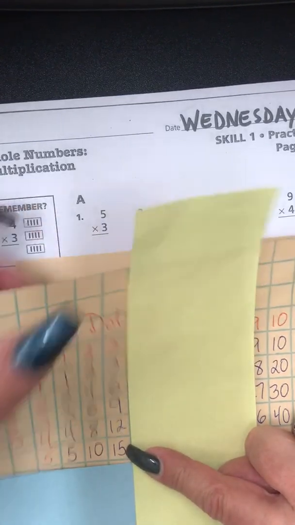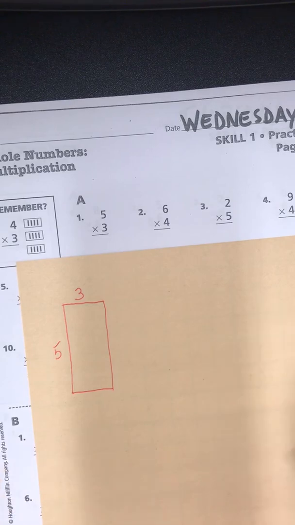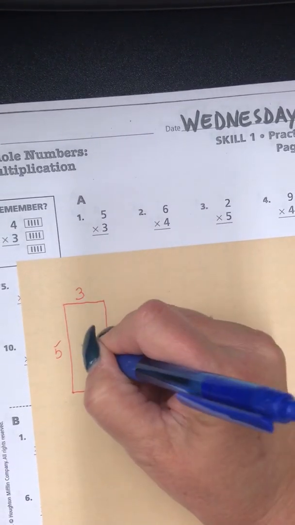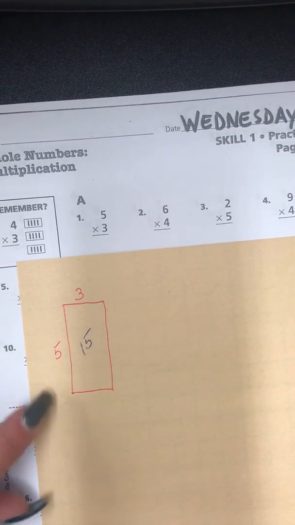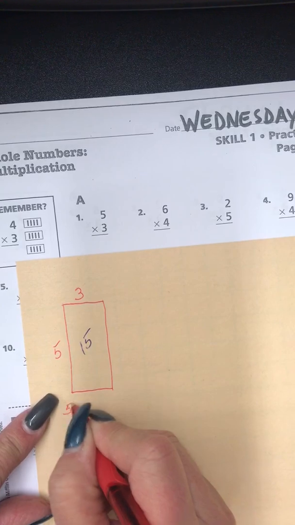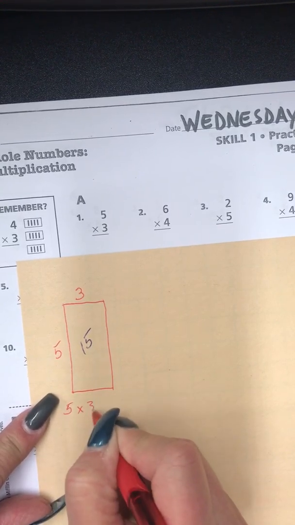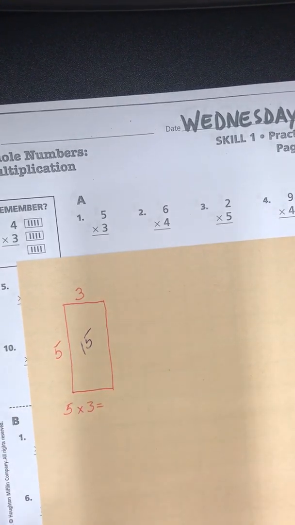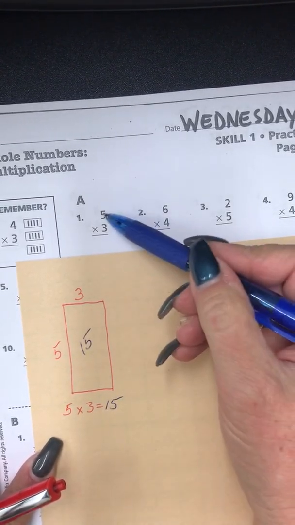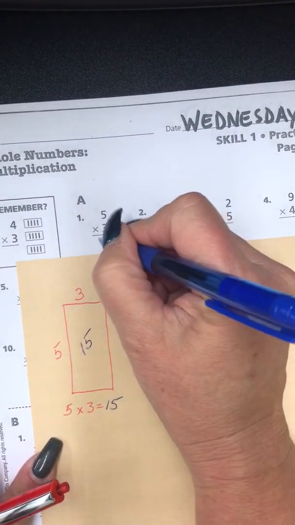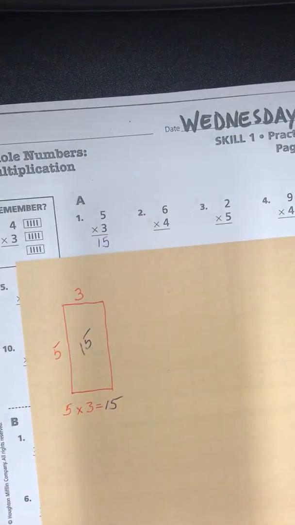It will take 15 squares to fill this area. So the total is 15. And now we're going to write it as a sentence right underneath. 5 times 3 equals 15. So you're just repeating what you have here in a complete sentence, right below it.